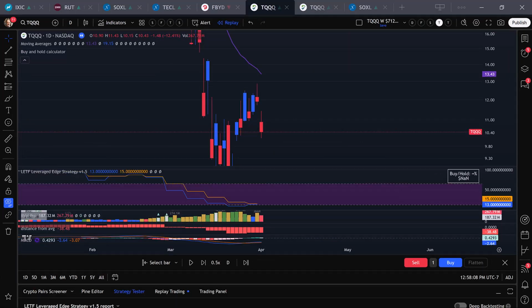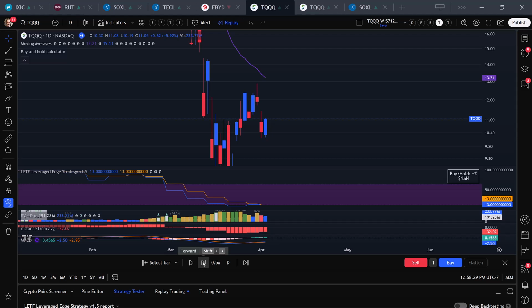I want to show you that from a slightly different perspective. Before I do that, though, I want to tell you something a little bit more about the actual trading that you might be doing with the leverage edge strategy.